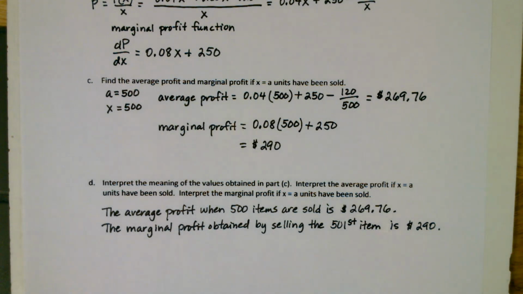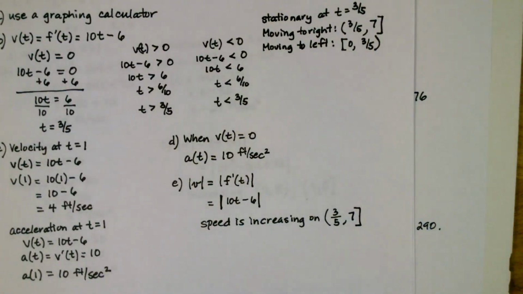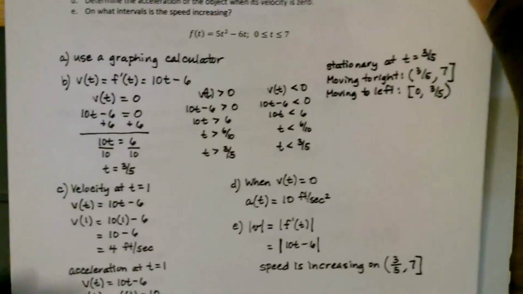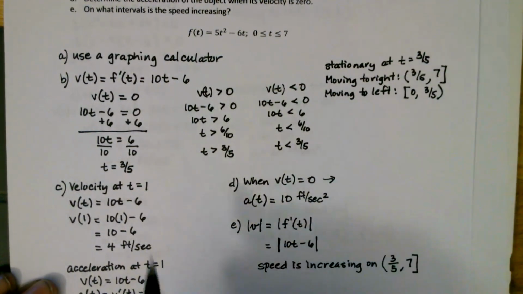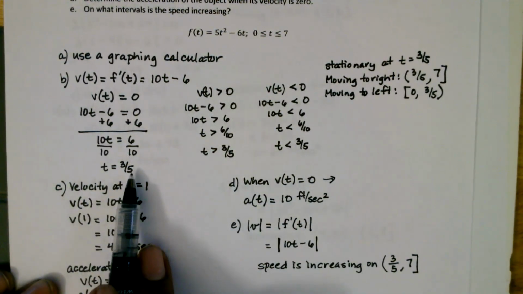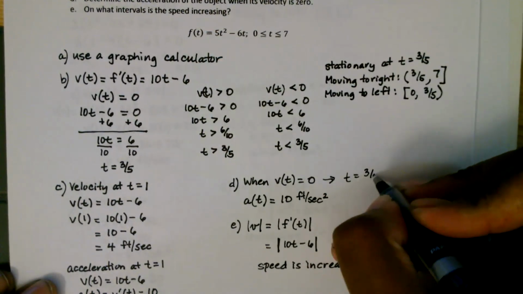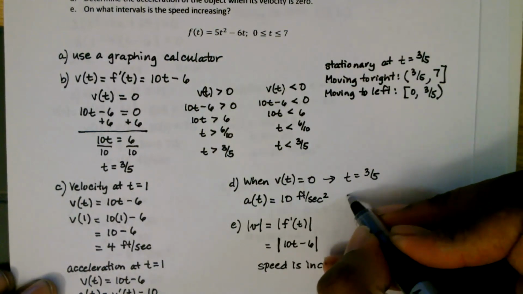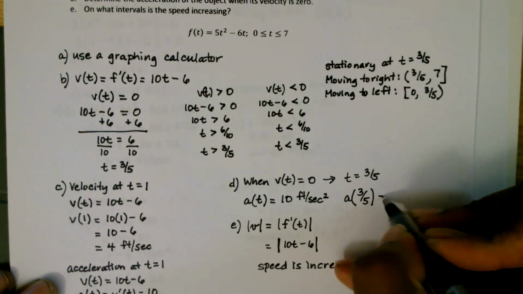Okay, allow me to go back to example number 1, especially with part D, because with that problem, you were told to determine the acceleration of the object when its velocity is 0. Now, when that velocity was 0, that means that the time was 3/5. And actually, we were to find the acceleration at that time, 3/5.